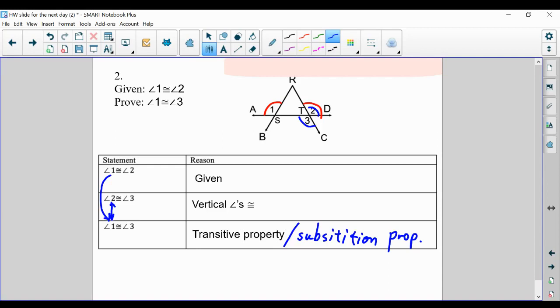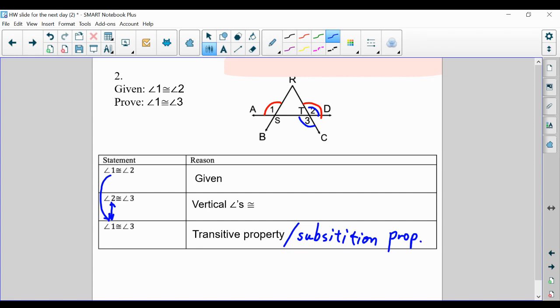Okay, I hope this video can help you to understand the basics of proof and how the format looks. We always begin with the given information and label the picture based on the given information, and then think about what will happen next based on the given information.